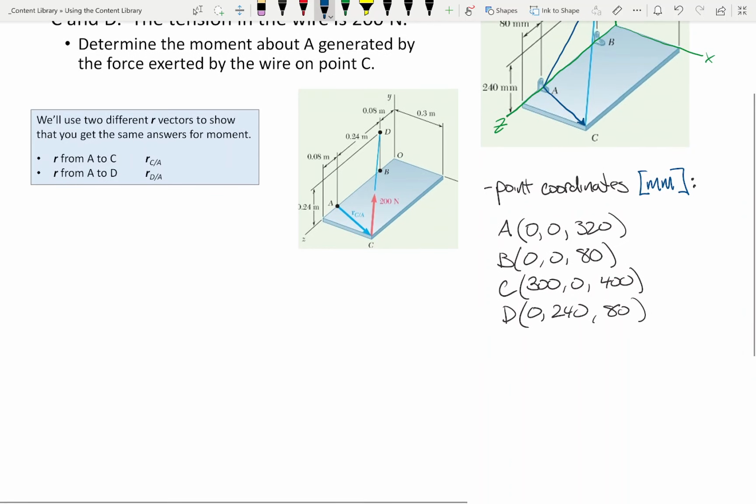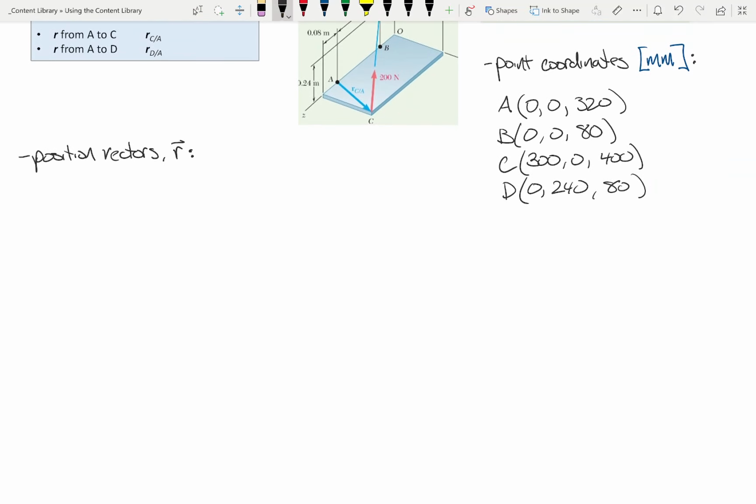So the two position vectors we're going to have are vector AC and vector AD. Is everybody okay with that?